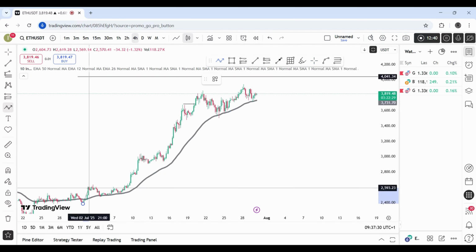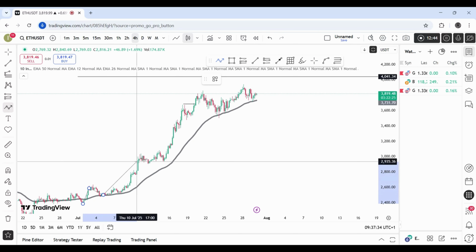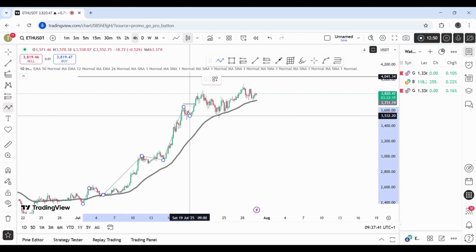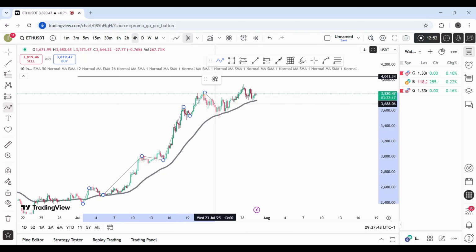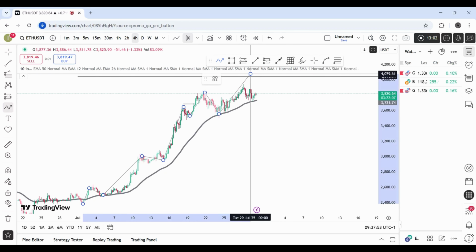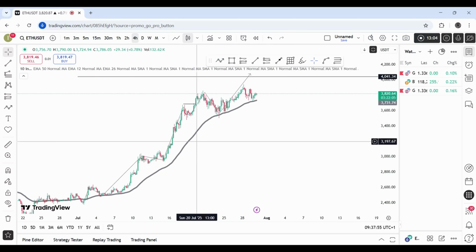You can see higher high, higher low, higher high, higher low, higher high, higher low, higher high, another higher low. So what are we expecting? We're expecting a higher high to around 40k in Ethereum. So that's what we're expecting.